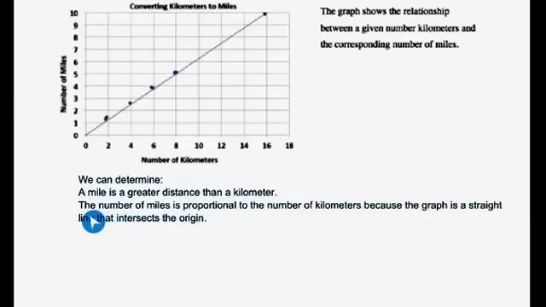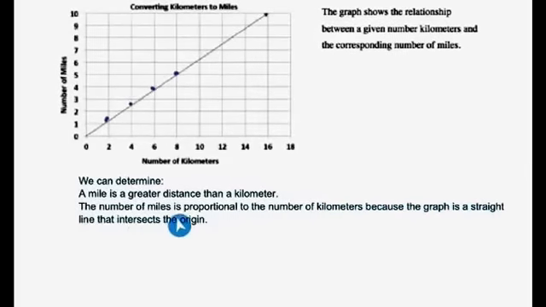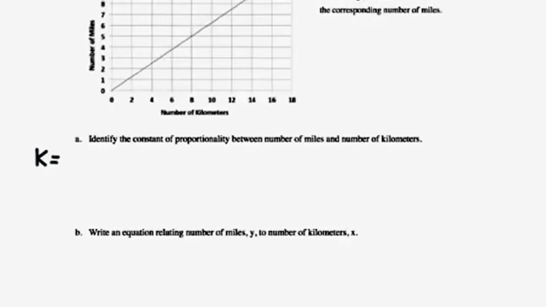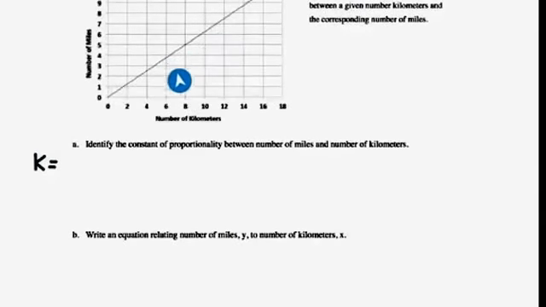Second, we can determine the number of miles is proportional to the number of kilometers because the graph is a straight line that intersects the origin. Since the graph shows us that the number of miles is proportional to the number of kilometers, that must mean that there is a constant of proportionality, k, between miles and kilometers.